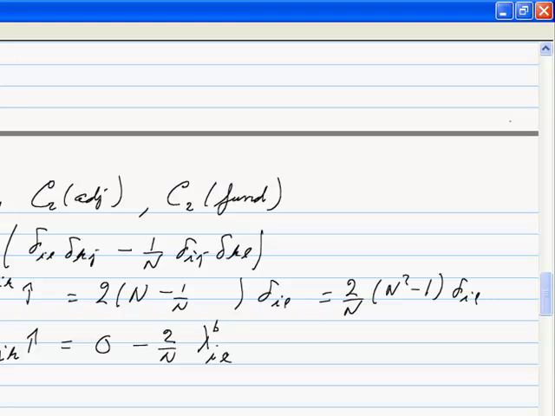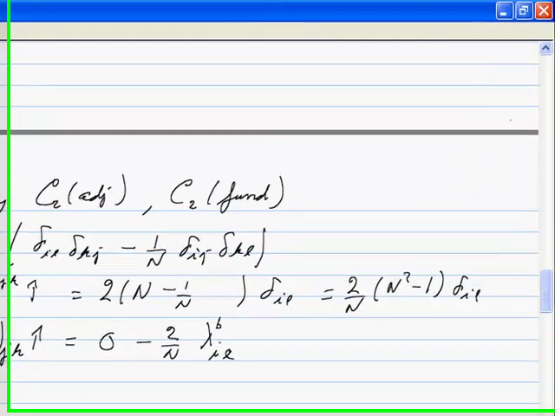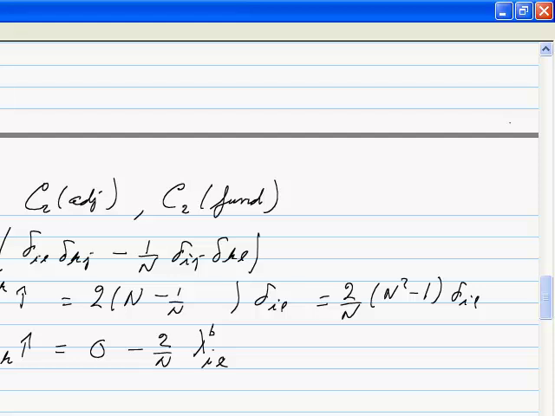Then let's do lambda A, lambda B, lambda A, lambda B. That's IL. That's this thing times lambda B, which is like up above.